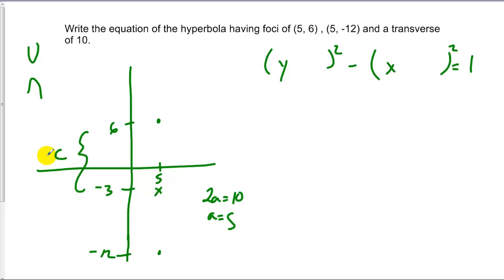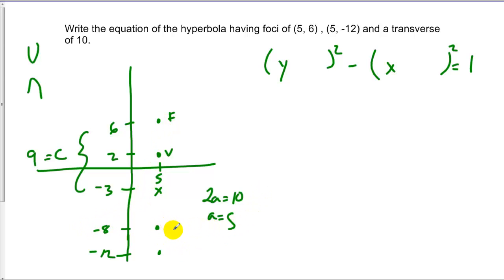So I know that if C is equal to 9, A is equal to 5, so 5 up puts me here, 5 down puts me here. These points are my vertices.